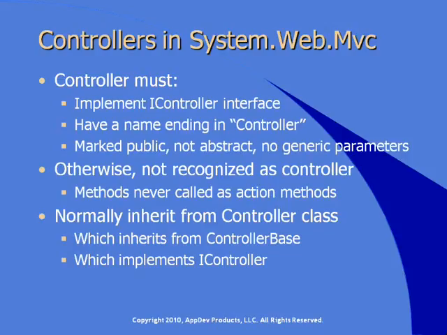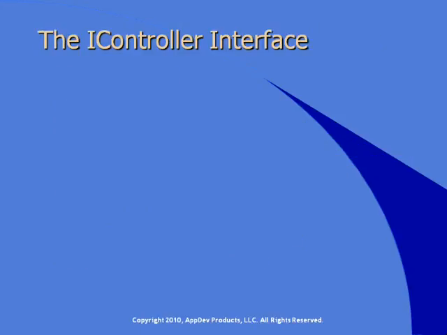What we're going to do now is explore the IController interface and the two controller classes. Even though you're likely to only create controllers that inherit from Controller, for reasons that you'll understand shortly, it's helpful to understand how all these classes together provide features to your controller classes. So let's start with the IController interface.